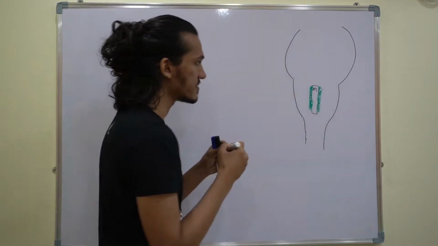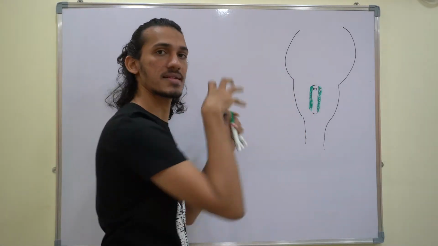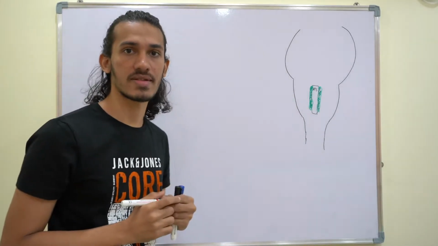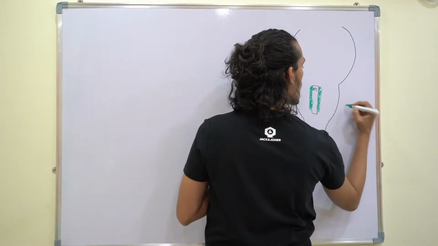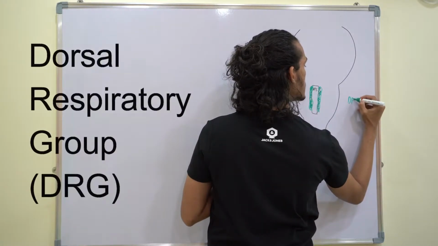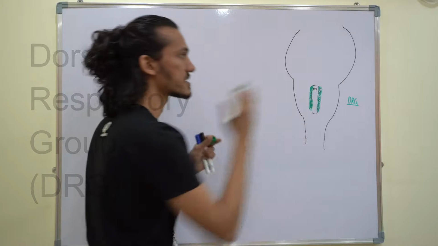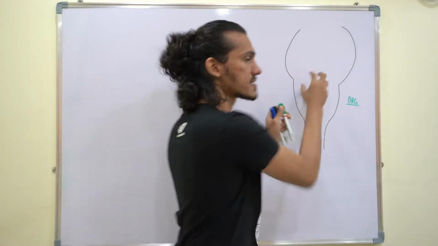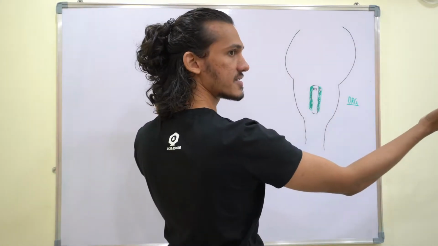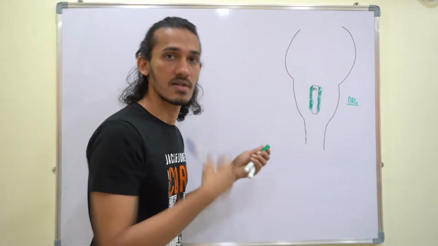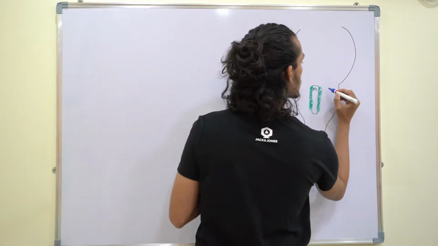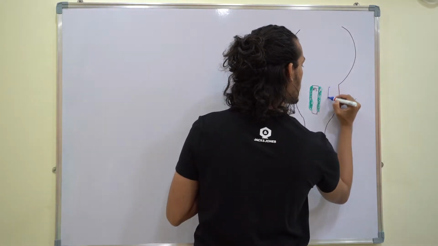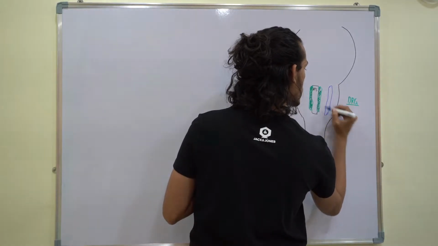On either side, this dorsal set of neurons is usually termed the DRG, the dorsal respiratory group of neurons. Ventrolaterally, we have the next set of neurons.